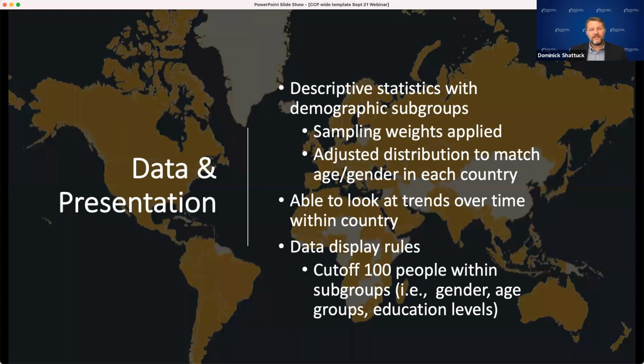This is because we maintain a minimum of 100 participants per cell size. For example, you can see this in the visualization on healthcare worker vaccination and vaccine acceptance. Only a subset of countries are included because other countries did not have 100 participants that identified as healthcare workers. For those countries, the fields appear as insufficient data.